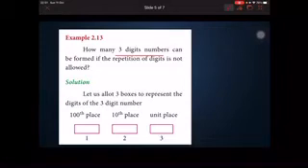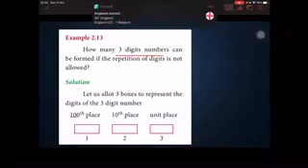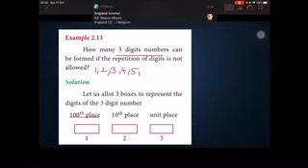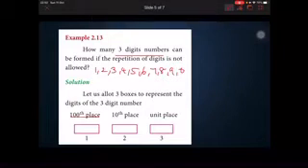So first, the hundreds place. What are all the digits? 1, 2, 3, 4 and so on up to 9, and 0. So 10 options are there. To fill the places we have 10 options. Any one among these you can put on the places.